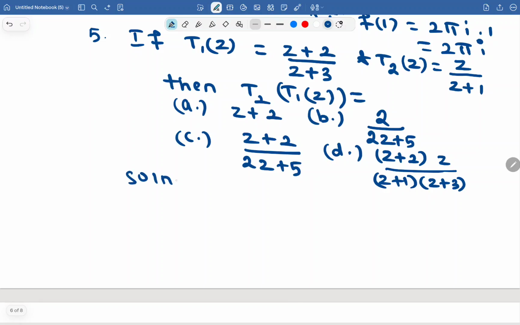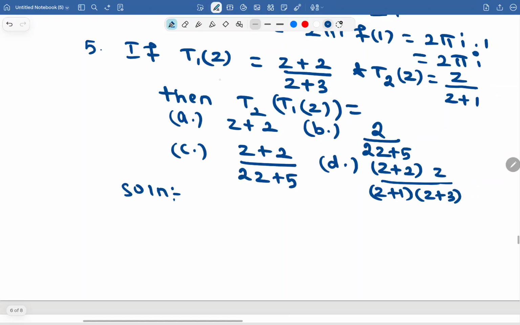Solution. Here T1 of z is given as z plus 2 by z plus 3, and T2 of z is z by z plus 1. We have to find T2 of T1 of z, that is the composition of T2 with T1. First of all, what is T1 of z?